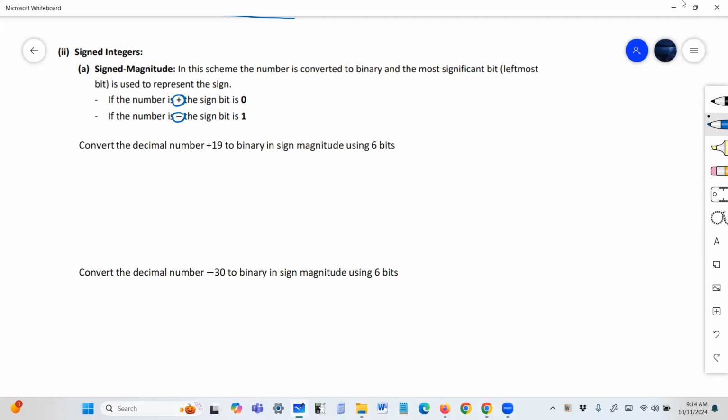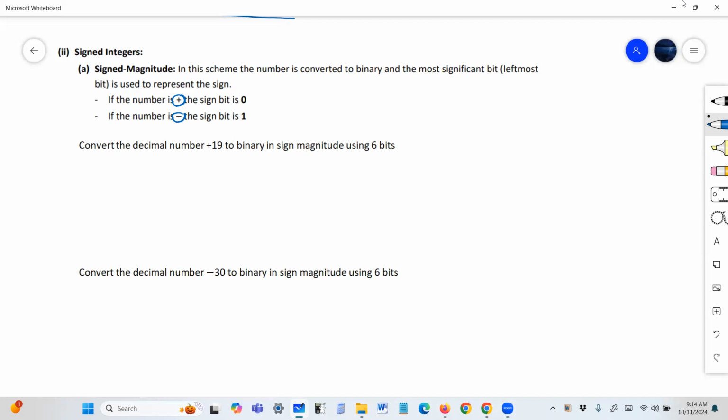So if the number has to be stored in 8 bits, the leftmost one is going to be used for the sign. The rest of the numerical value of the number has to be represented in the remaining 7 bits. We'll see an example.